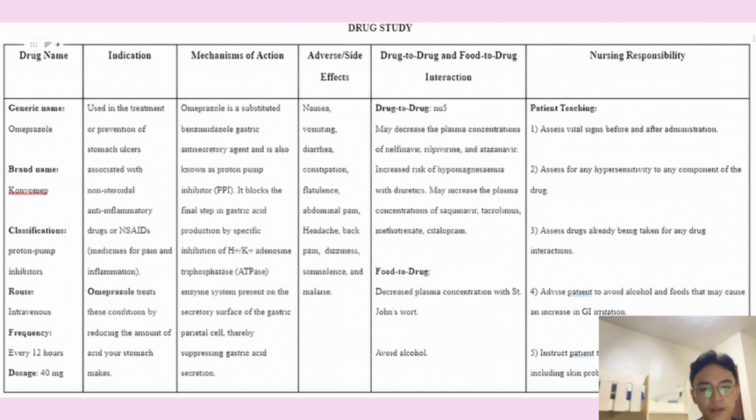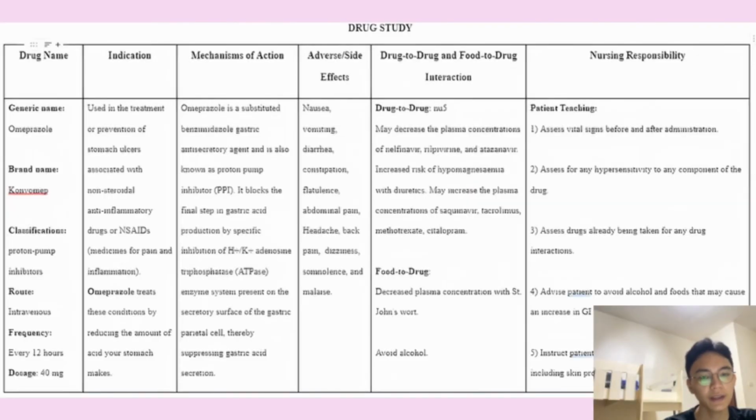The indication for this: the generic name is omeprazole, and the brand name is Convamep. The classification is proton pump inhibitors. The route is IV, with a frequency of every 12 hours and a dosage of 40 milligrams.